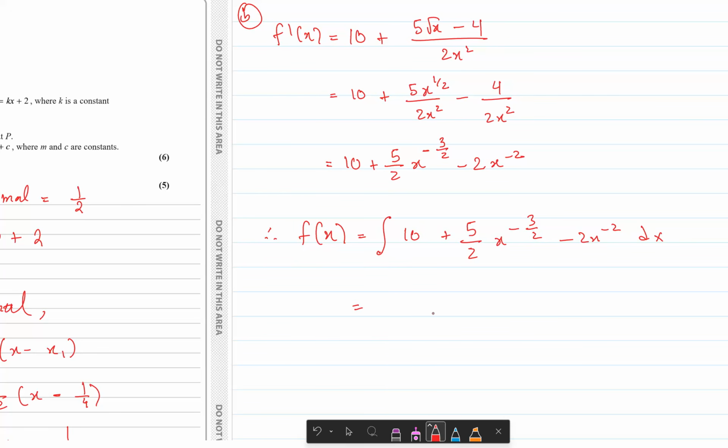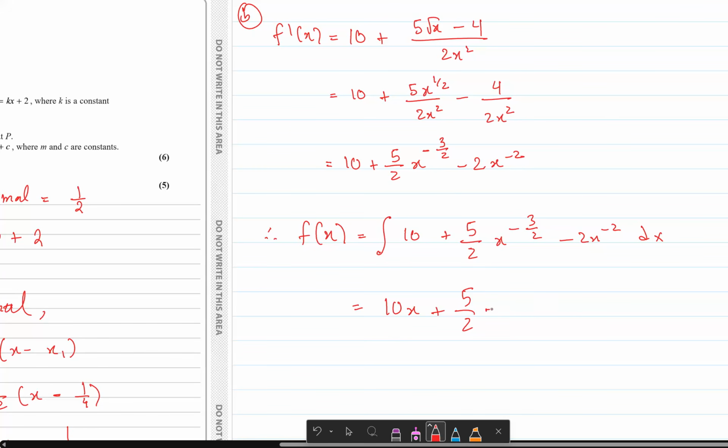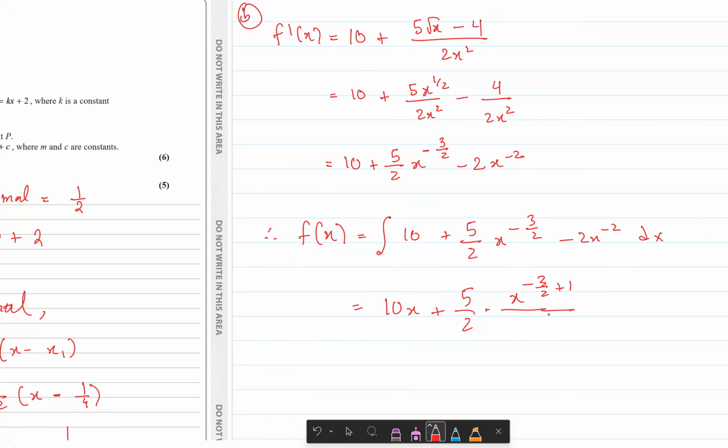So 10 will become 10x because it doesn't have any variable with it. This will become 5 over 2 times x to the power minus 3 over 2 plus 1, divided by the same power.